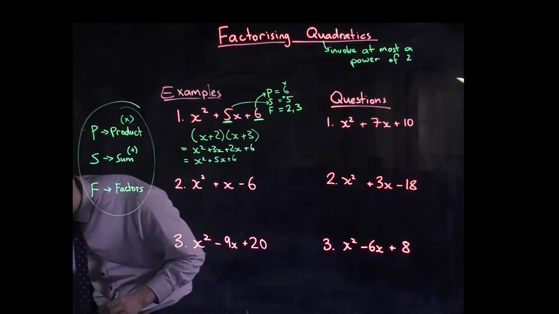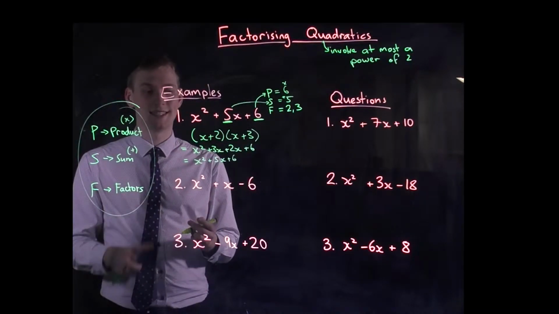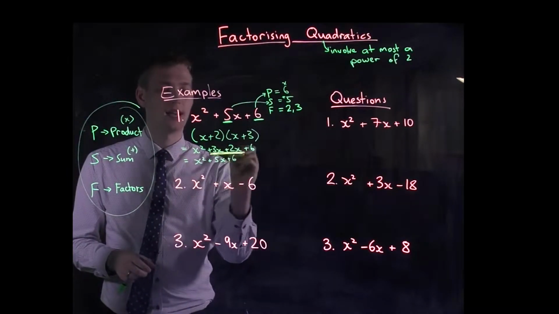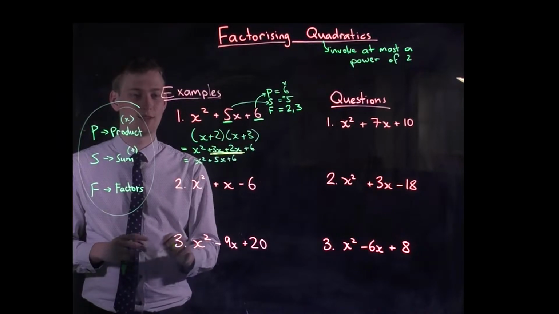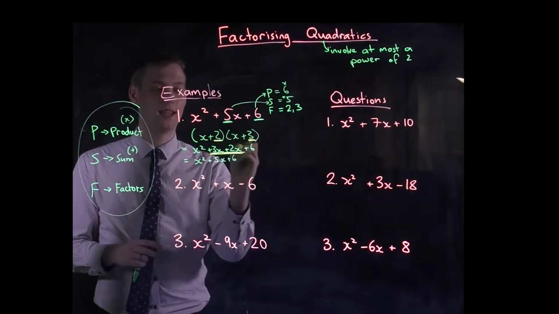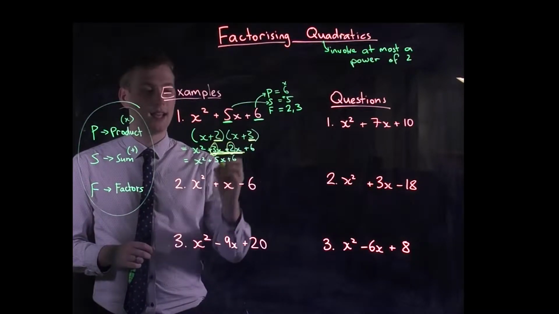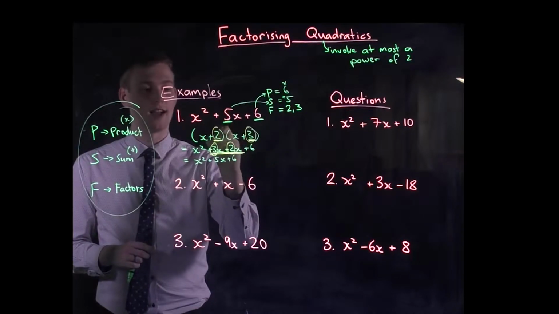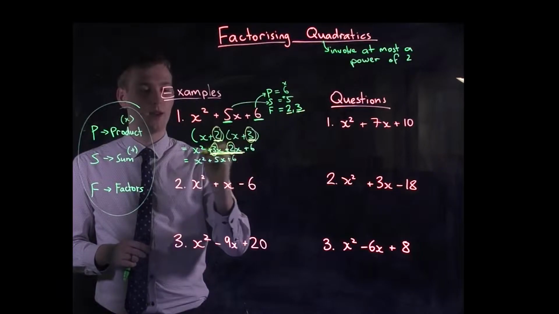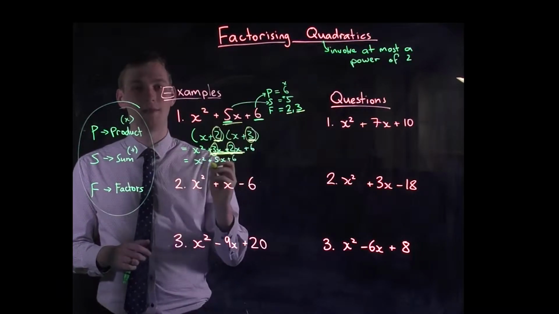Now, you may have noticed there that there was a product and a sum happening. So here, we had 3x plus 2x. This 2 and this 3 are the numbers that are in front of our coefficient, and that's going to be our sum. These are our factors. So our 2 and our 3 are our factors, and when we expand, we're going to add those numbers together when we come to the coefficient of x.